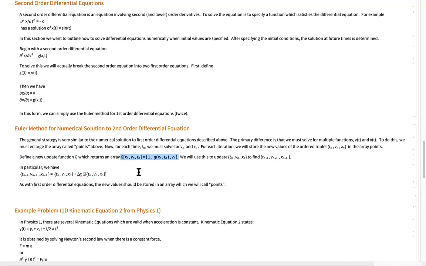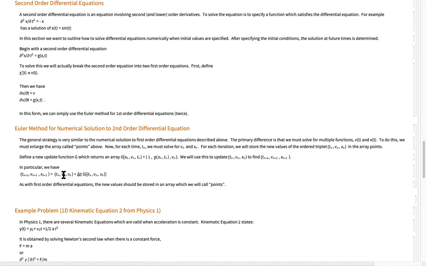So look what that does. You're adding two arrays, so it's going to add the elements. For time, it's going to say t in the nth time plus delta t times 1. Well, that gives me the n plus 1 time. That just moves time forward one interval.